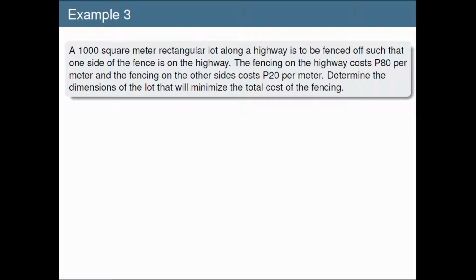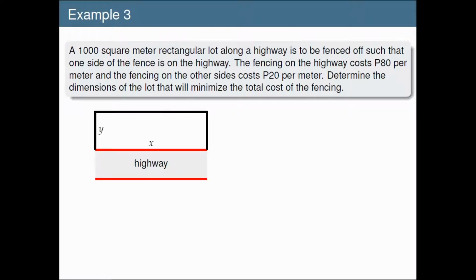So we draw a diagram for this problem. Ito yung lot. Tapos ito yung highway. Ito yung fencing along the highway. Tapos ito yung fencing along the other sides.